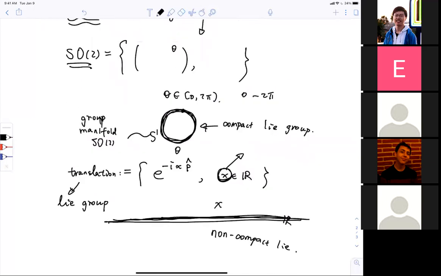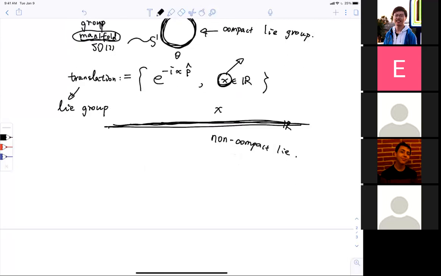By the way, this terminology, manifold, you can think of as higher dimensional surfaces and curves, on which you can do calculus, like differential operations and integration operations. Basically, locally it looks like finite-dimensional Euclidean space, but globally it may be topologically non-trivial.